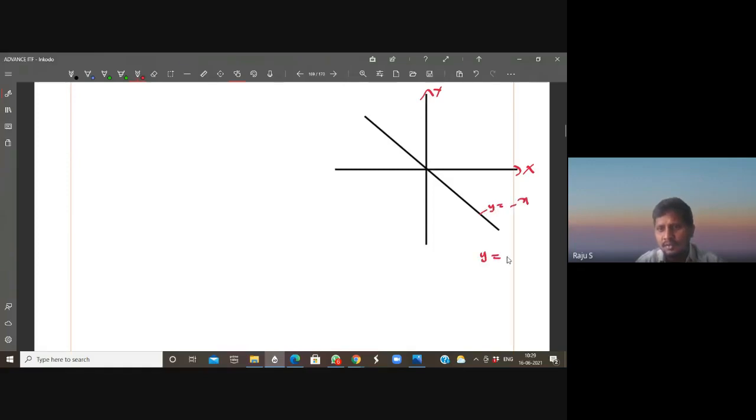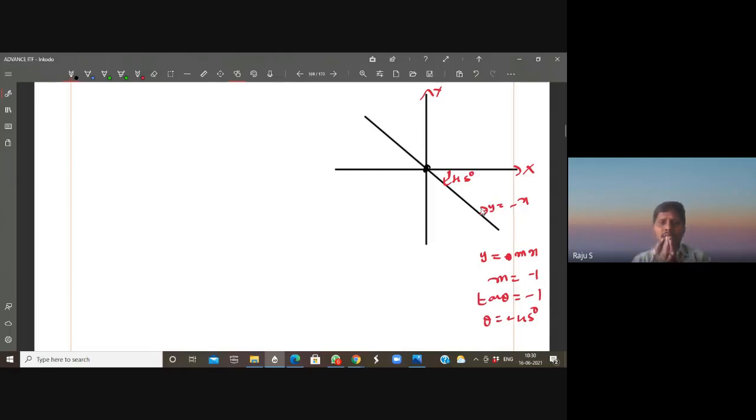You can compare it with y is equal to mx. M value is minus 1. Nothing but tan theta is minus 1. So theta is equal to minus 45 degrees. So it will be clockwise direction. It is 45 degrees. So this is the line y is equal to minus x. The given function is symmetric about this line, y is equal to minus x.